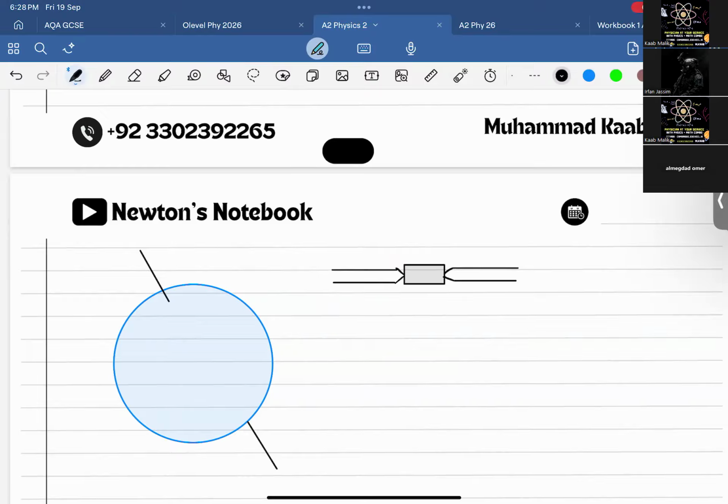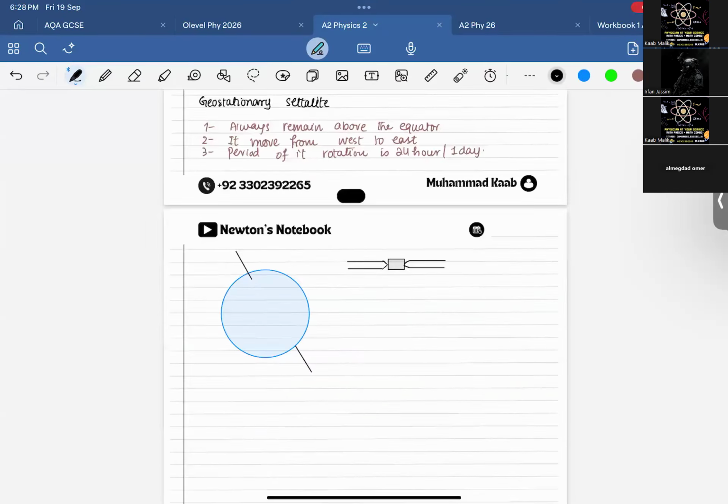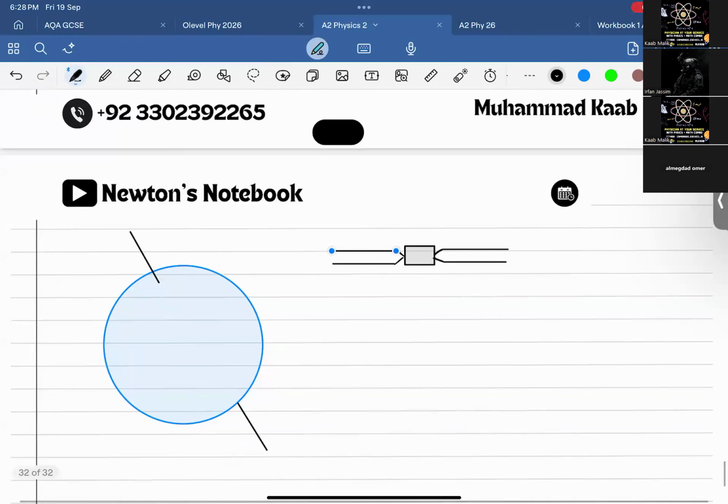Right. So let's say this is the satellite, and this is moving around the Earth.